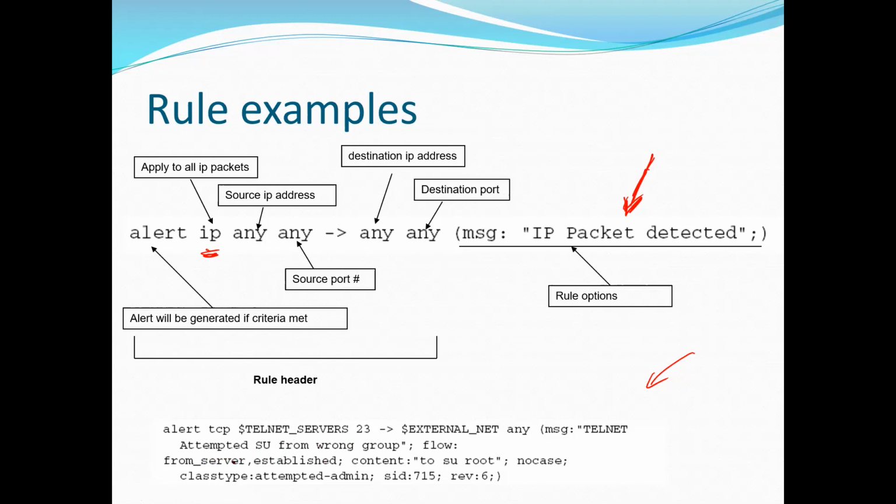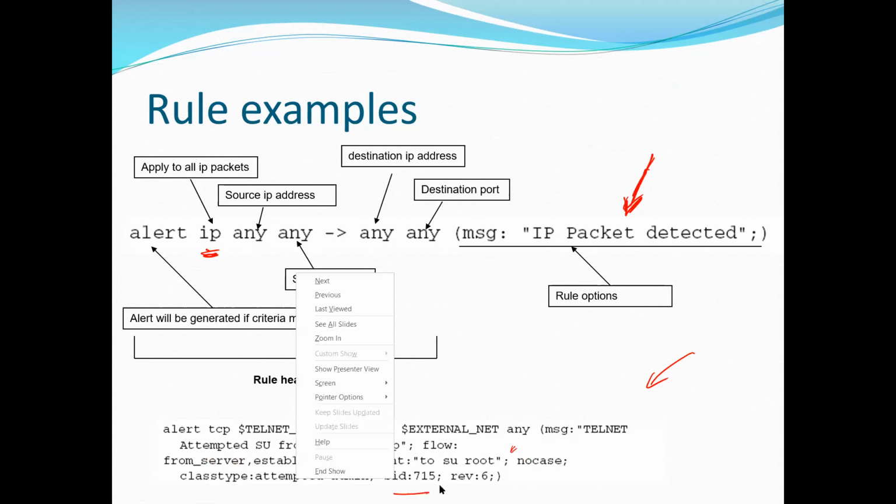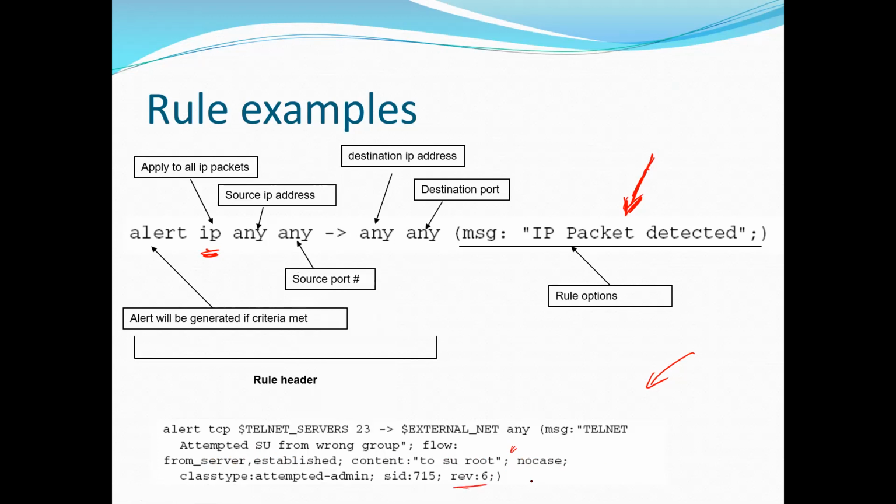You can see some of the flags, and the content, which is usually the payload. It means that this one, 2SU root, is what it carries. Another semicolon for the separation, and then a few other parameters, SID, revision, and so on.